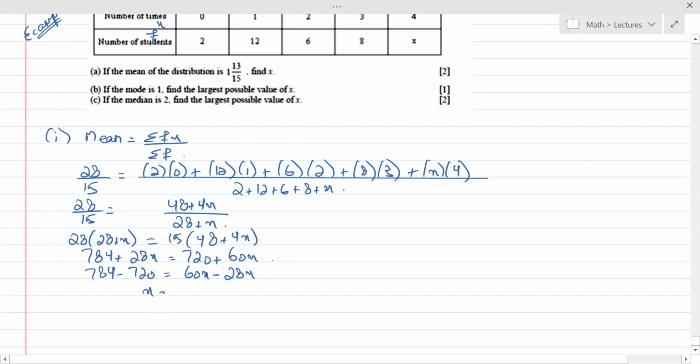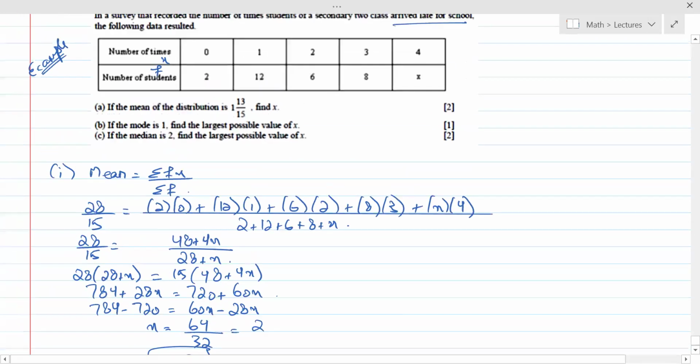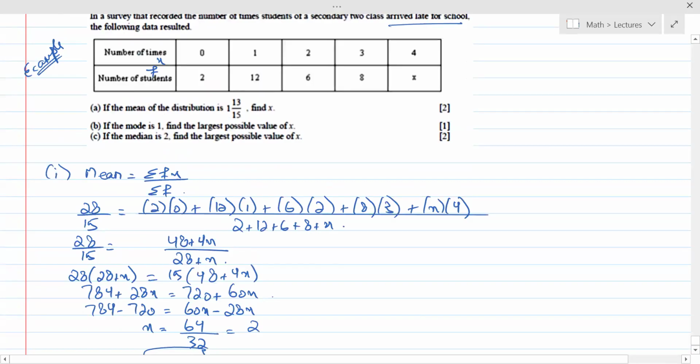So we'll get x as 784 minus 720, that's 64, upon 60 minus 28, that's 32. We get this as 2, where x is 2 here. That means there were 2 students who were late 4 times when the mean was 1 whole 13 upon 15.